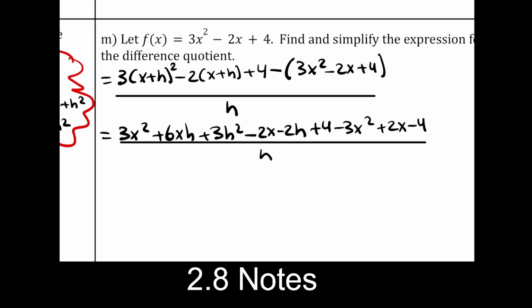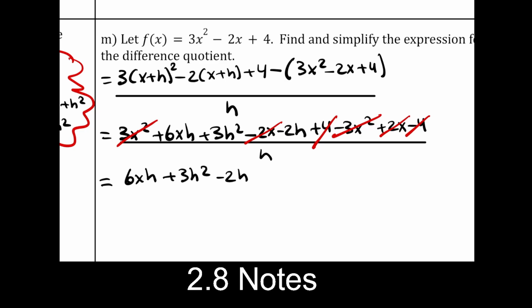But what you're going to see in this is that we're going to get a bunch of things that cancel. We have a positive 3x squared that cancels with our negative 3x squared. We have a negative 2x that cancels with our positive 2x. We have a positive 4 that cancels with our negative 4. And so when we cancel all that stuff, we're left with 6xh plus 3h squared minus 2h.